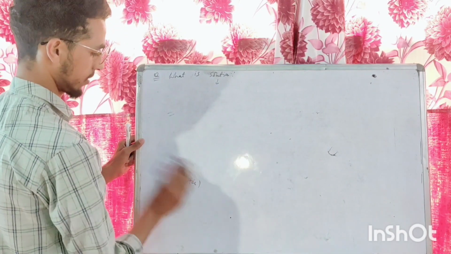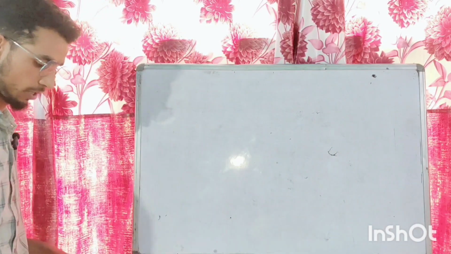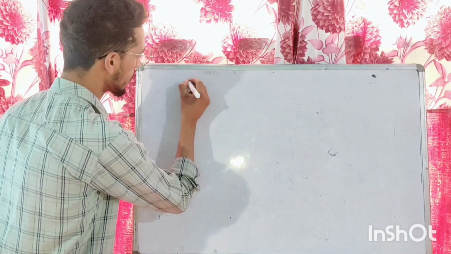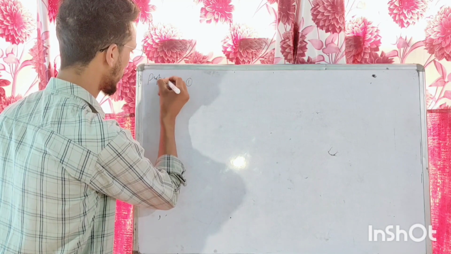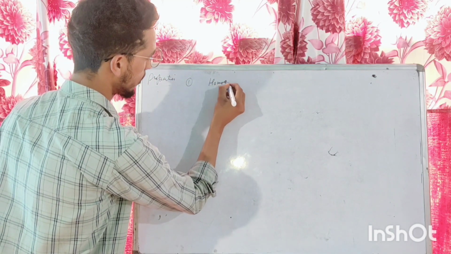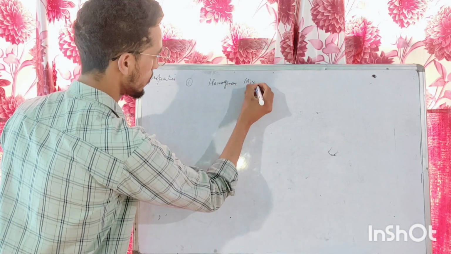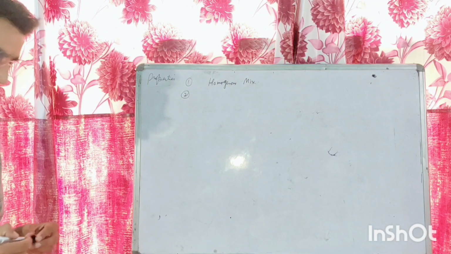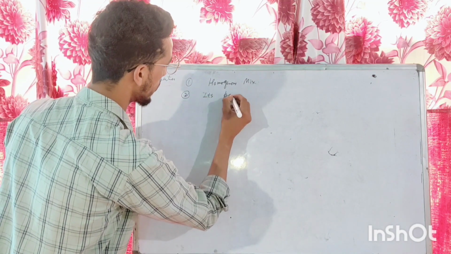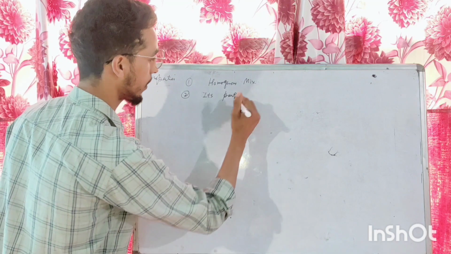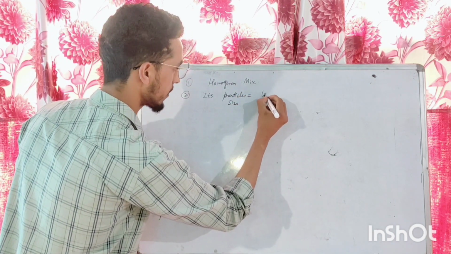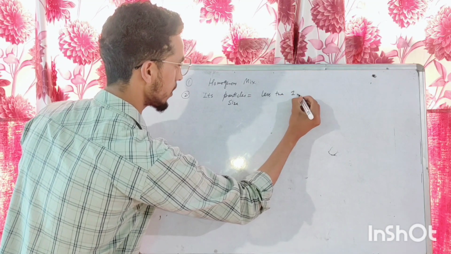Now, after understanding the concept of solution, we'll move towards the properties of solution. The first property of solution is that a solution is a homogeneous mixture. The second property is that the particle size of the components of a solution is usually less than 1 nanometer.